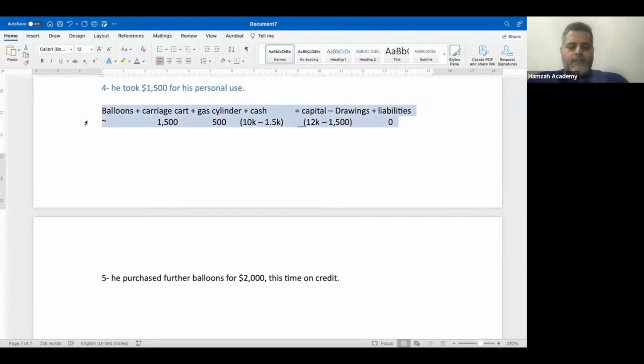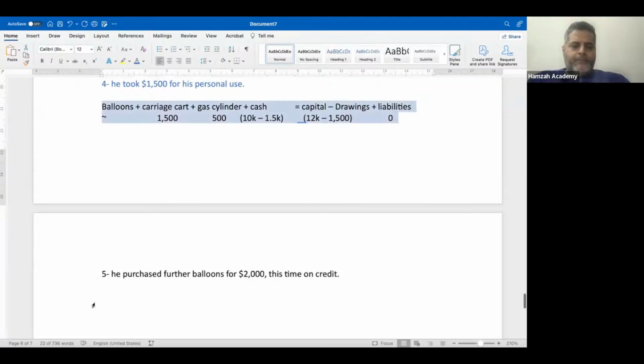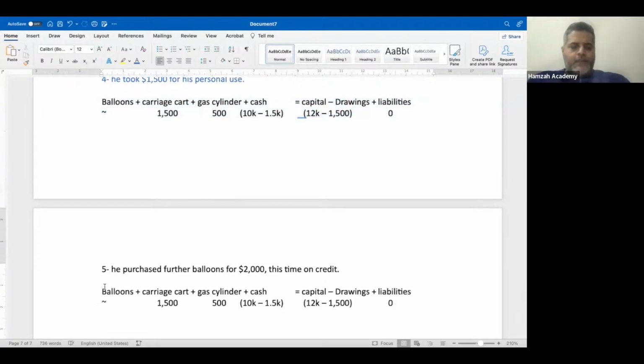We already have this line with us, so let's just copy and see its effect. Now we again have the balloons for 2000, and the remaining cash is going to be over here. 10 minus 1.5 is 8,500 over here. Similarly, we are only having the capital now. And this is what? 10,500?